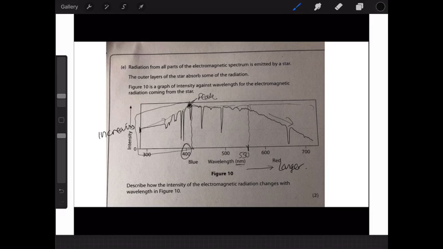After about 550 nanometers, the general pattern suggests that as the wavelength increases, the intensity is decreasing. But there are these specific wavelengths at which the intensity sharply dips. I hope that's enough to get the marks. There are only 2 marks. I think I've probably been very thorough there.